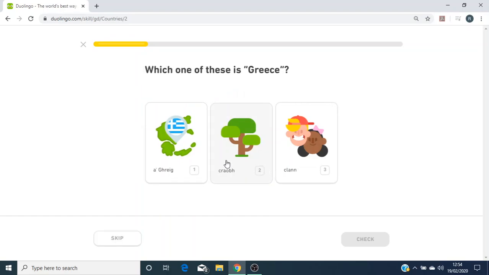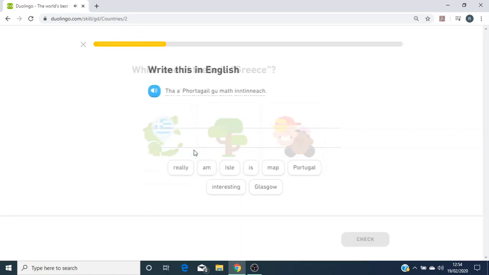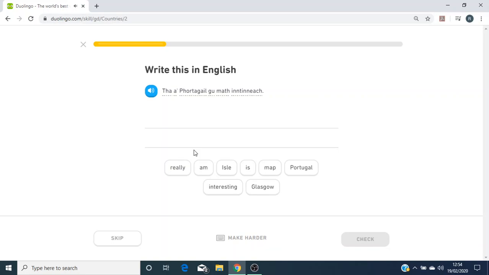Greece. And we're not getting a pronunciation for that either. Wonder, could that be Portugal maybe? Portugal is really interesting.